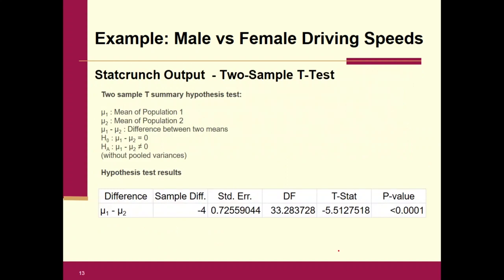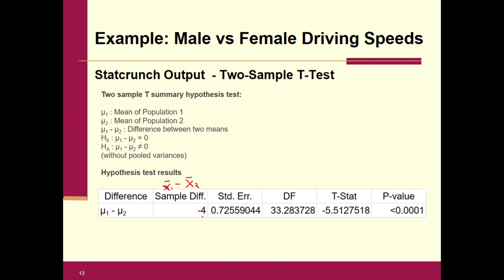Okay, so here's a StatCrunch output. 2-sample t-test, and so sample difference, what is this? This is x bar 1 minus x bar 2 now. So like I said, that's a pretty important number, and it went ahead and gave us that value of -4.